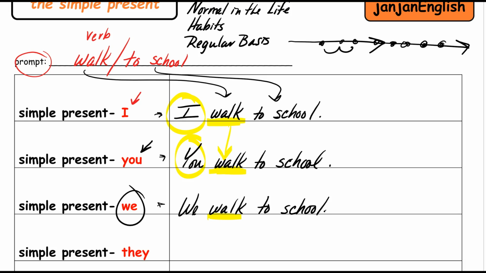We walk to school. After that, we have they. They walk to school. And guess what, folks? No change. I walk, you walk, we walk, they walk to school, and it's a no changer.